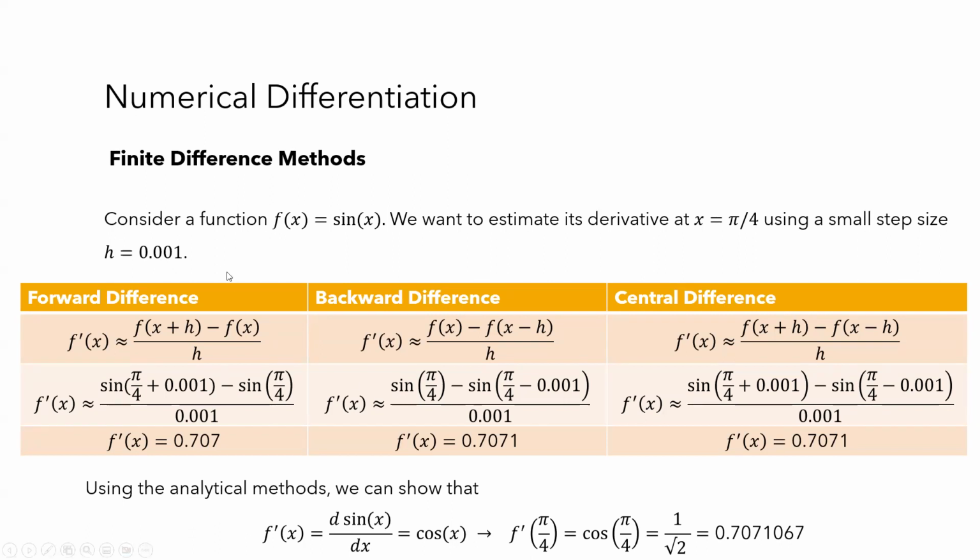Here I consider a function f of x, which is equal to sine of x. So sine of x is the function we are going to differentiate with respect to x. We want to estimate its derivative at x equal to pi over 4, using a small step size h equal to 0.001.